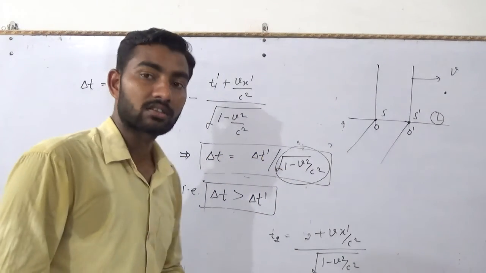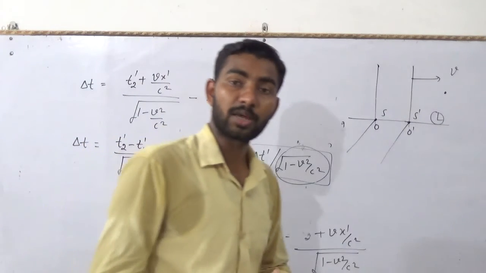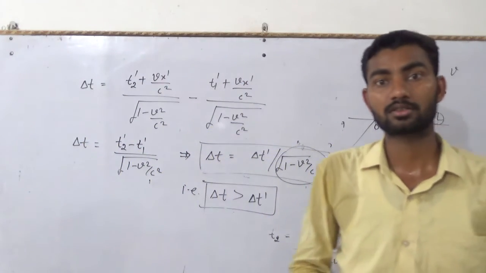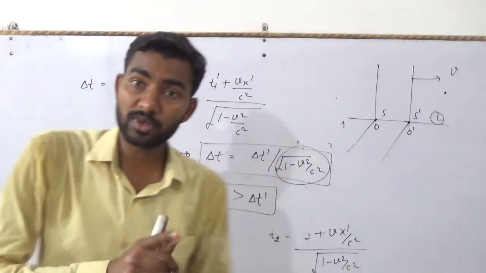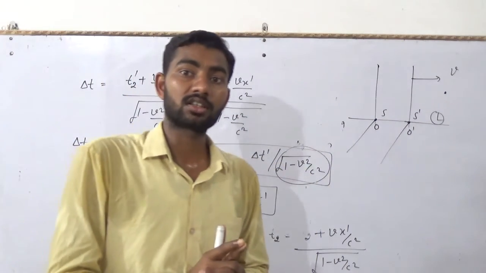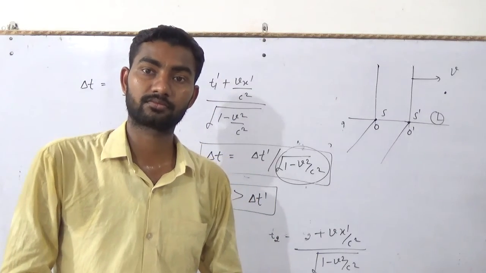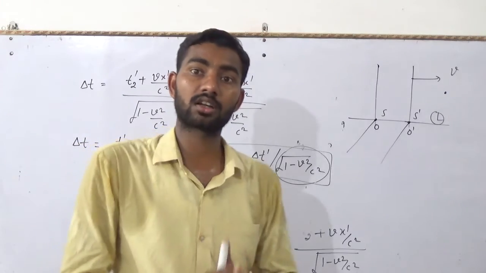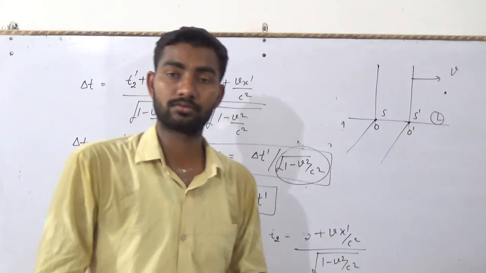The result of this topic is that the moving clock appears slow and measures slow time. The time interval in a moving body, or the measurement of time in a moving frame of reference, appears slow.